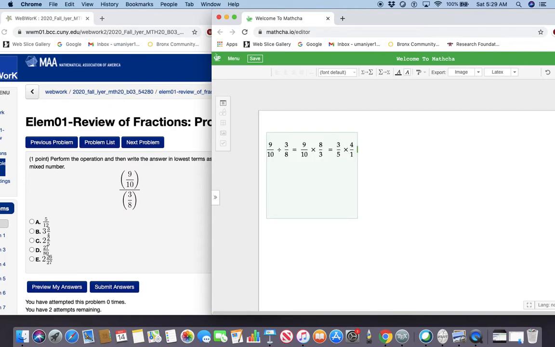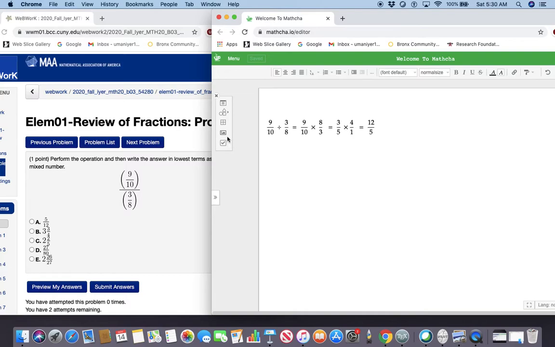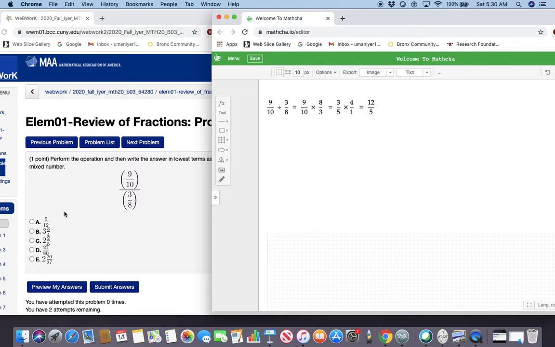So this gets you a fraction, multiplying across. 3 times 4 is 12, and 5 times 1 is 5. At this point, let us divide this because you need to have a mixed number: 12 over 5.